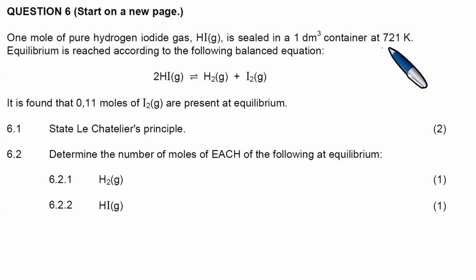At 721 Kelvin temperature, equilibrium is reached according to the following balanced equation. So now you have your hydrogen iodide gas sealed in a 1 cubic decimeter container, at that temperature of 721 Kelvin. Now let us analyze this together and see what happens.